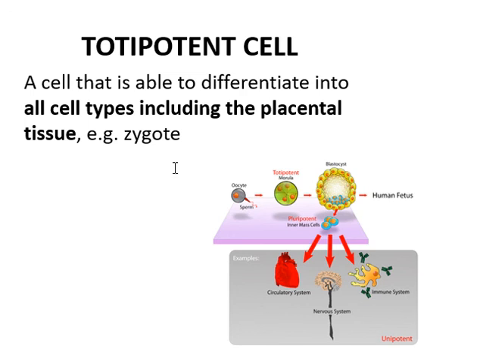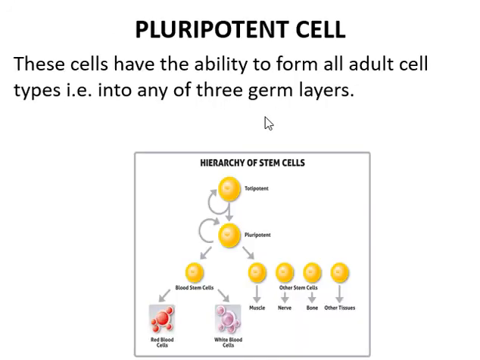From the zygote, we have all cell types, which can form all types of tissues. Pluripotent cells have the ability to form all adult cell types, that is, any of the 3 germ layers.